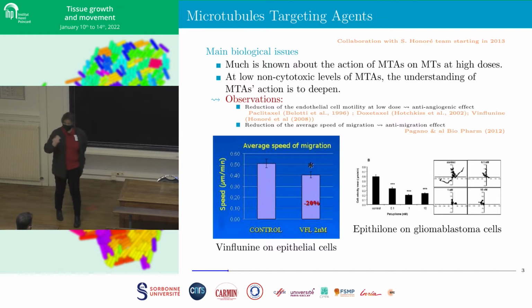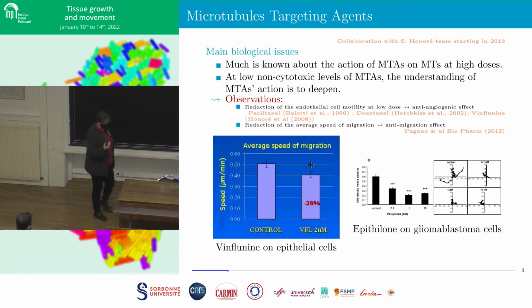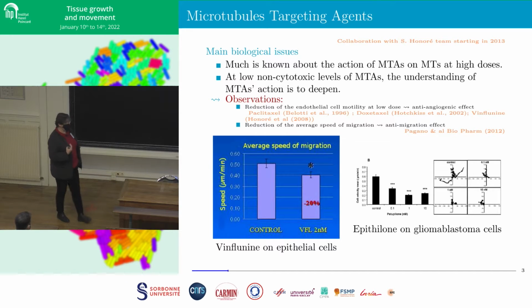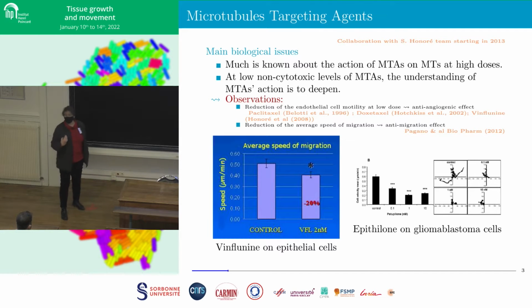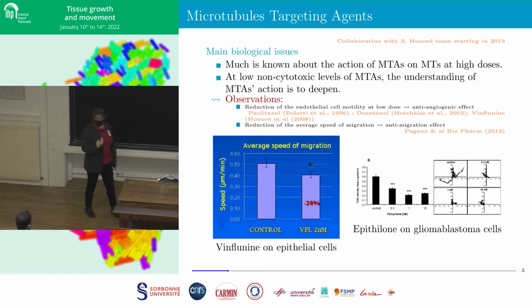If they apply the drug to endothelial cells, they observed a reduction of the migration, and they also looked at other cells, epithelial and glioblastoma cells, and observed an anti-migratory effect. Small effect, but at least minus 20% of migration.